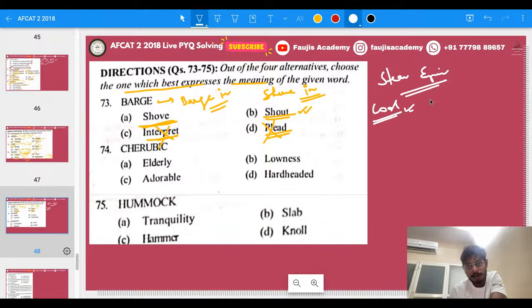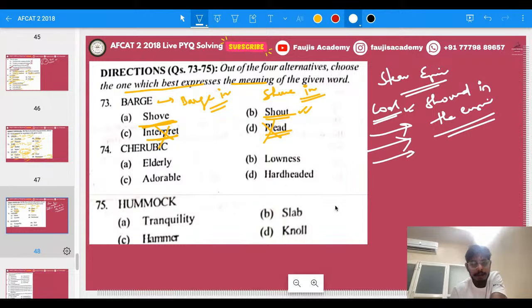The coal is supposed to be shoved in the engine. That means you are sending something in. Engine will be burning and some people will be standing with a shovel to push it inside. So if not the correct, the nearest answer over here is shove.